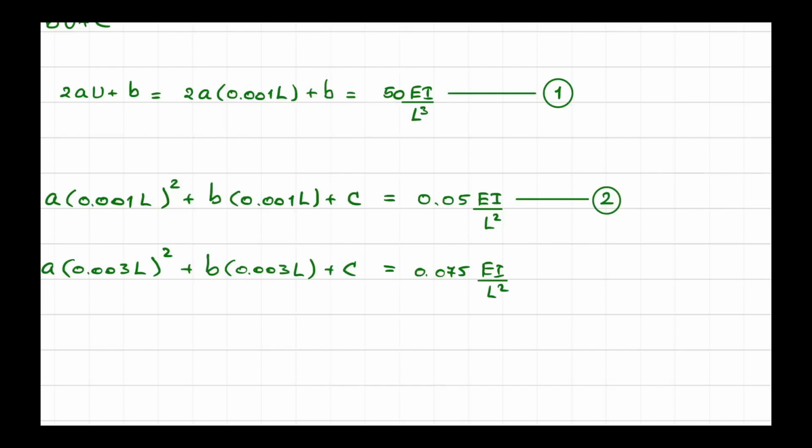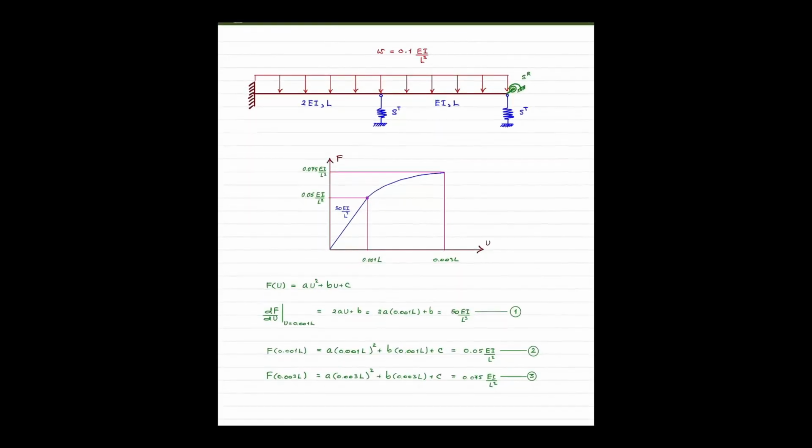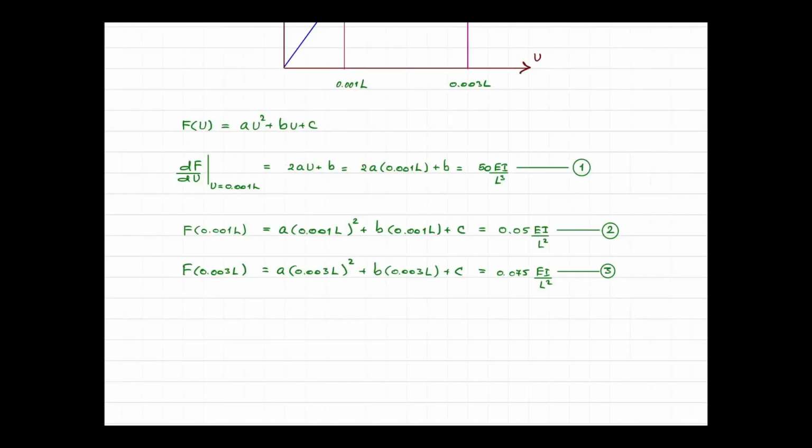But again, when you do exam, this will be given. You don't have to make this. It is my job to make it for you. So a, b, c solved, right?